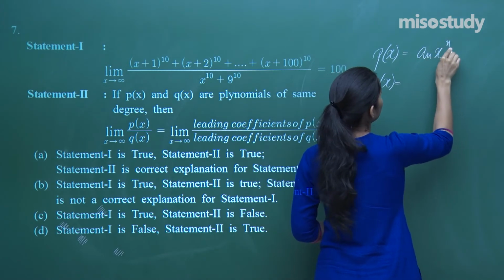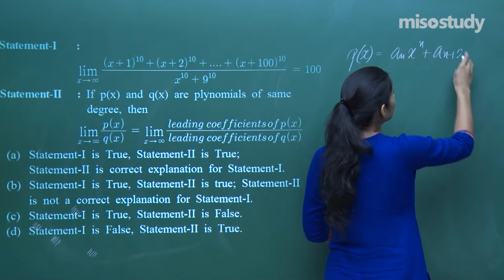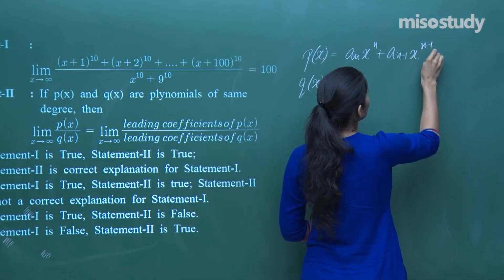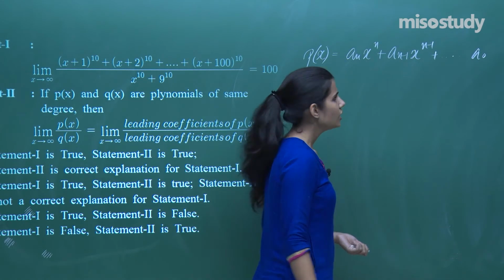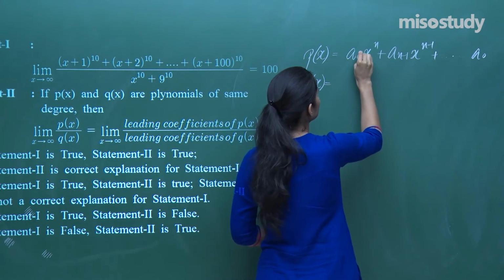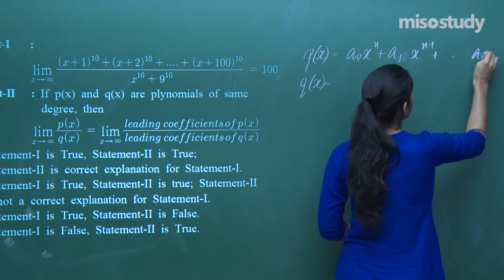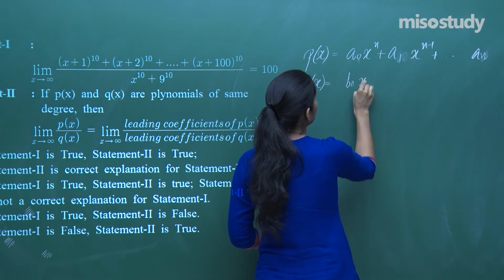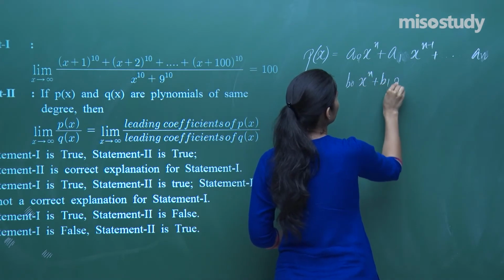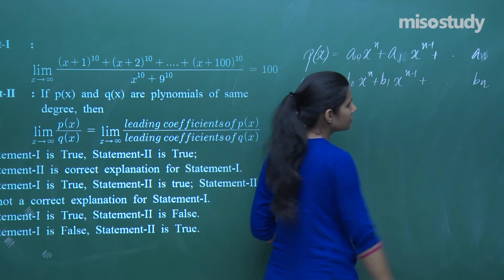px is a naught x to the power n plus a1 x to the power n minus 1 and so on, plus an. And qx again I am taking as b naught x to the power n plus b1 x to the power n minus 1 plus and so on bn.